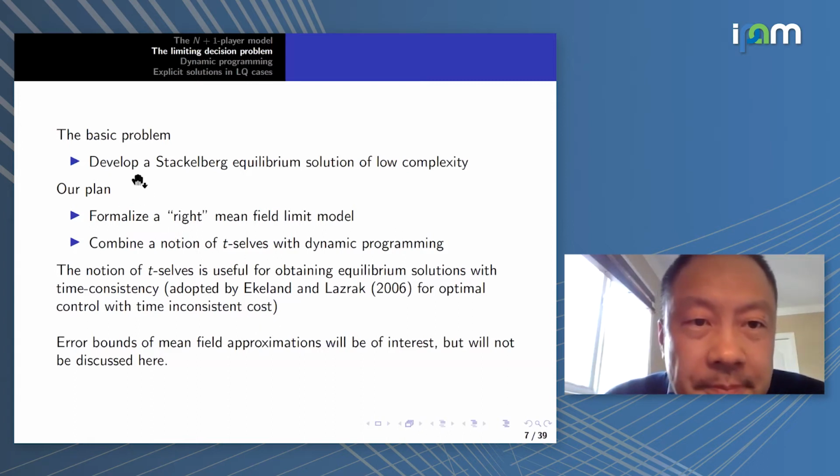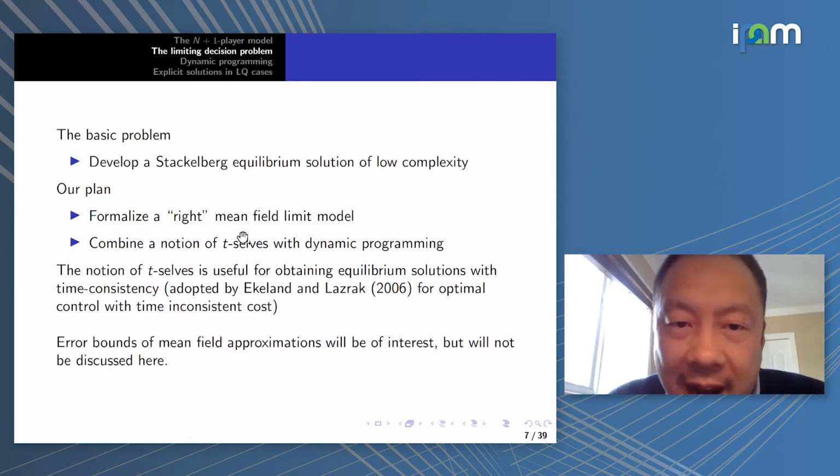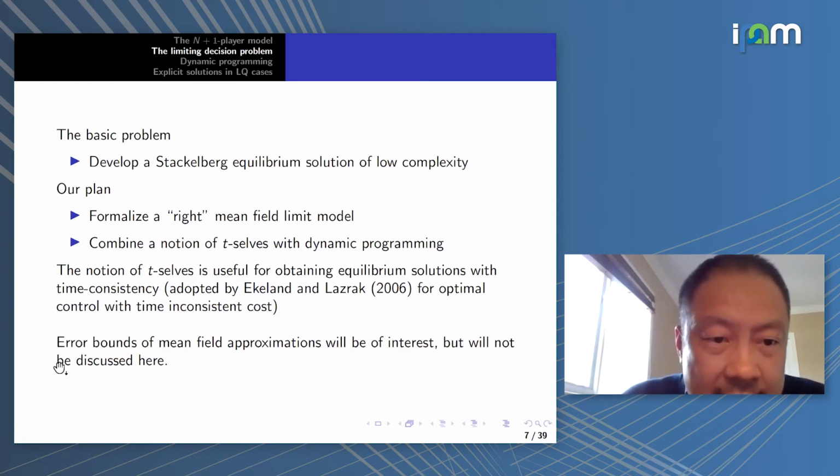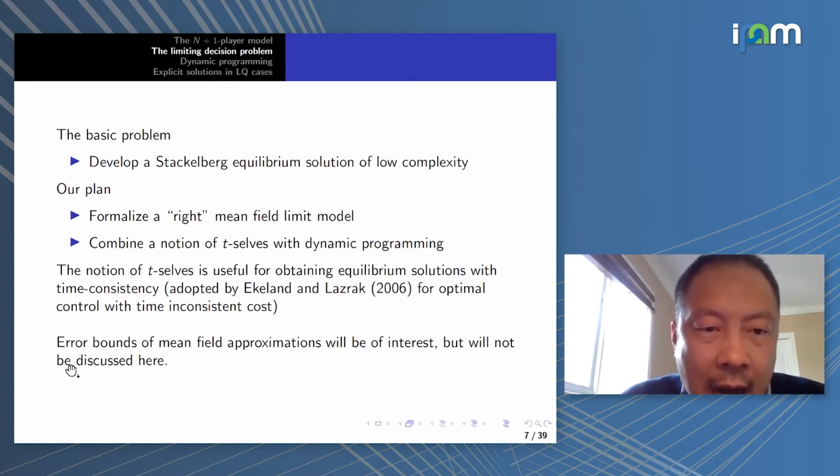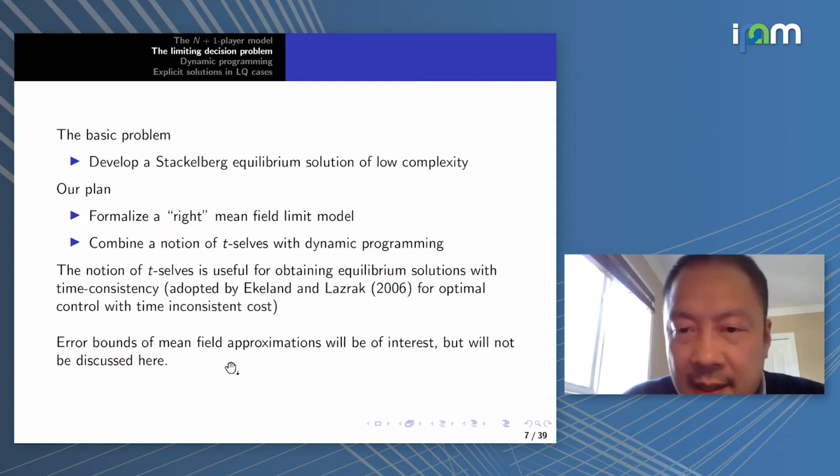Here, for this work, we will formalize a mean field limit model, and solve it by dynamic programming. As I said earlier, there is an important subject that is error bound estimate, but here we will not do that. This is actually work in progress.